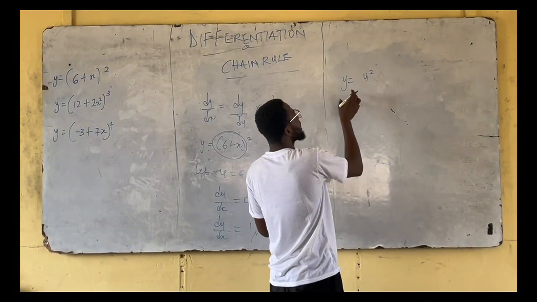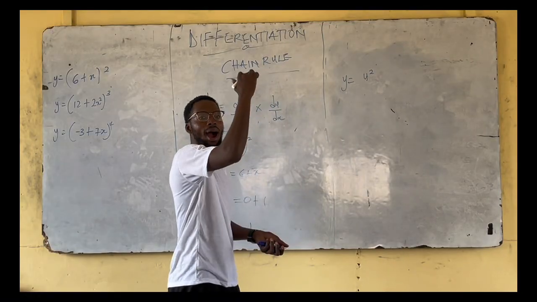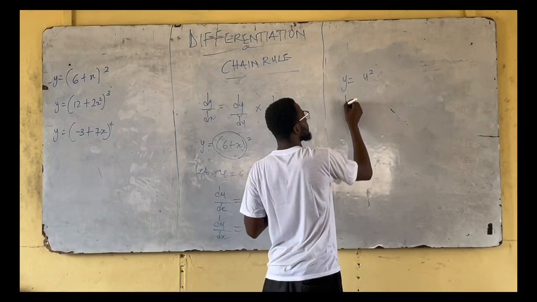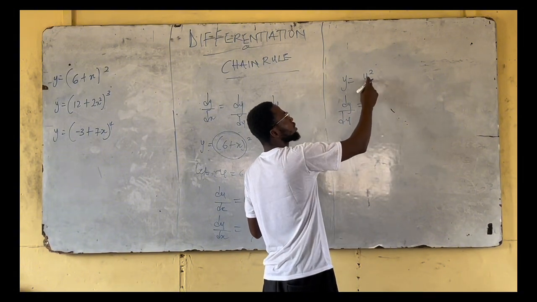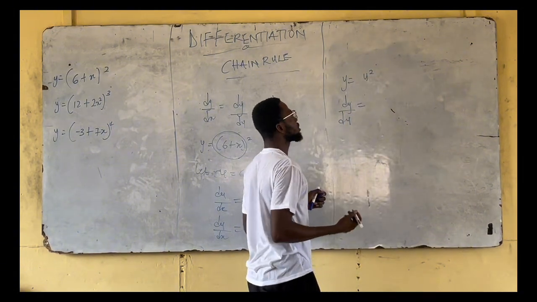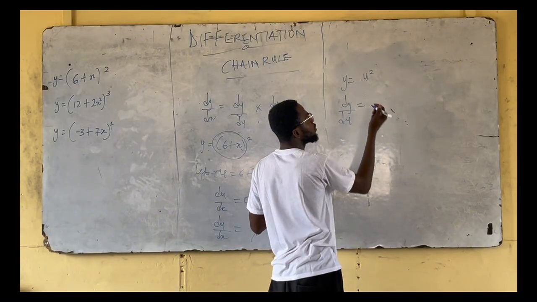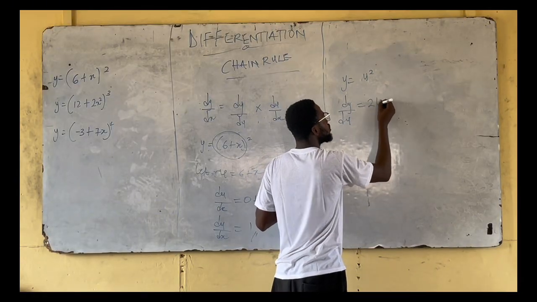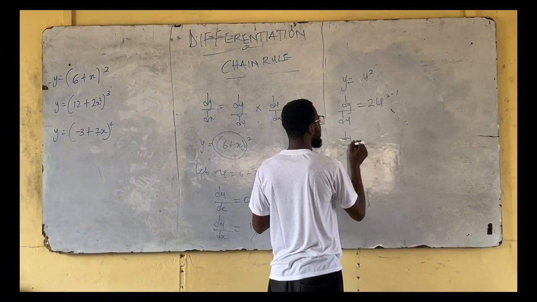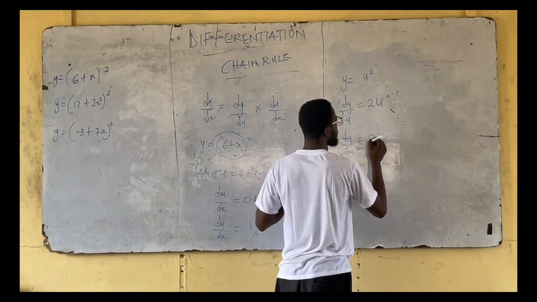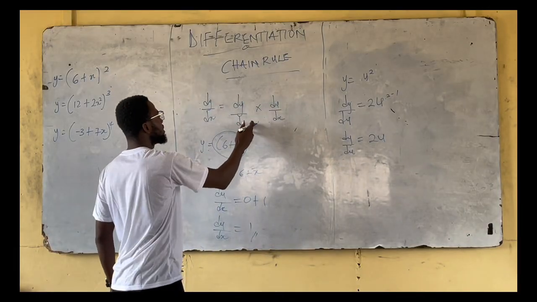So we are differentiating y with respect to u, which is going to be dy/du. We have u to the power 2. If we differentiate u to the power 2, you multiply 2 by the coefficient of u, and I'm going to get 2u, with 2 minus 1. So therefore, dy/du is equal to 2u. So we've got our dy/du.